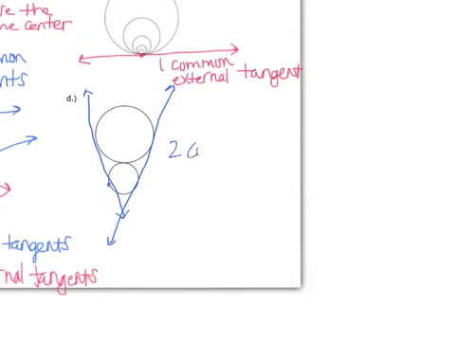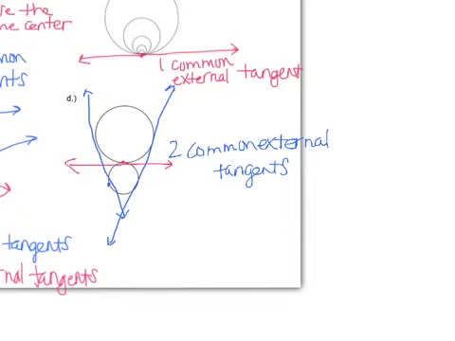Those would be two common external tangents. And then we have only one common internal. That point where they touch, you can put one common internal tangent through there.